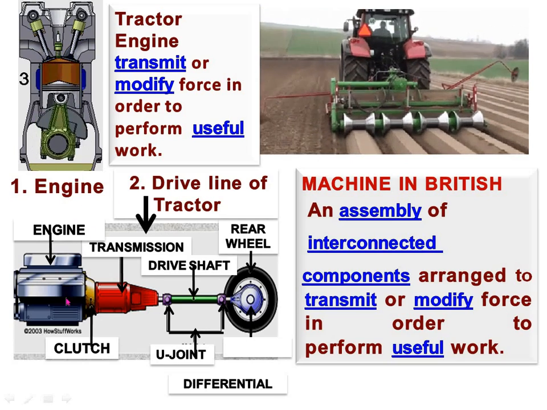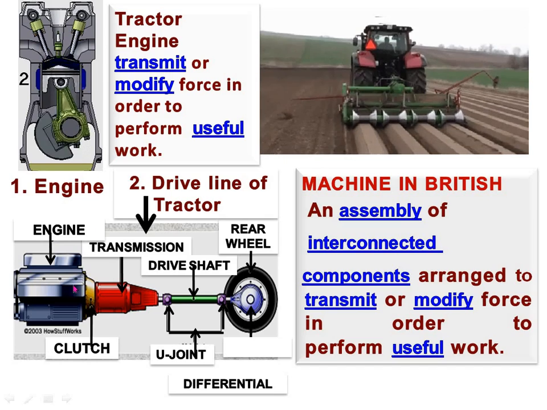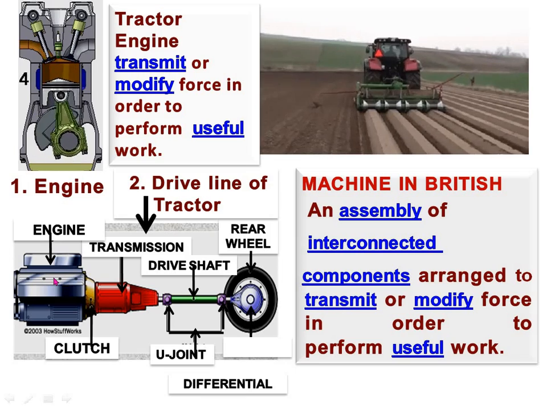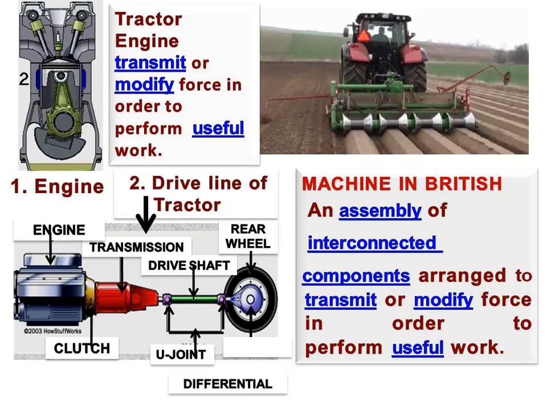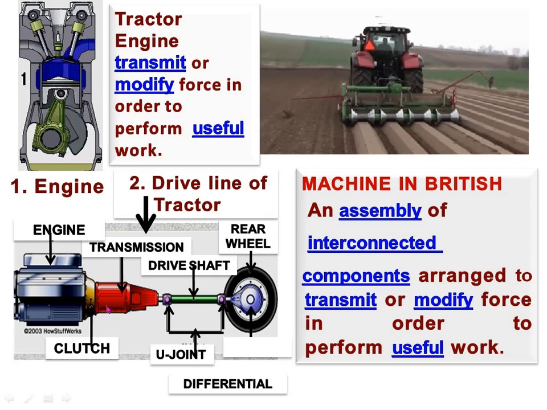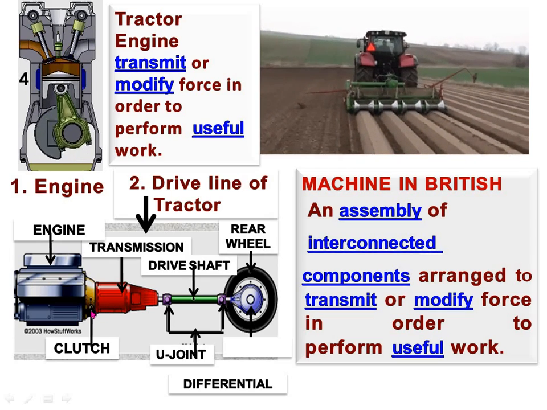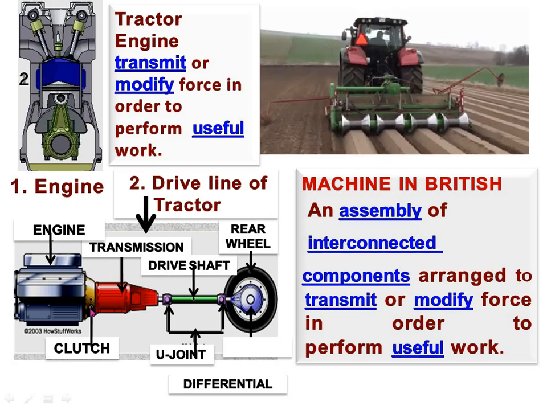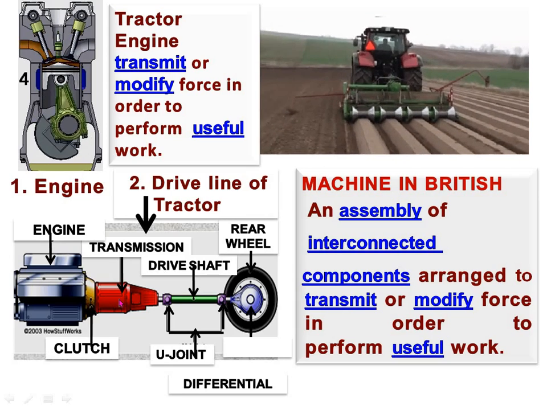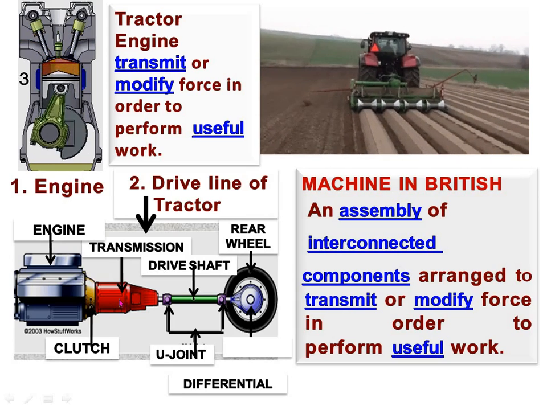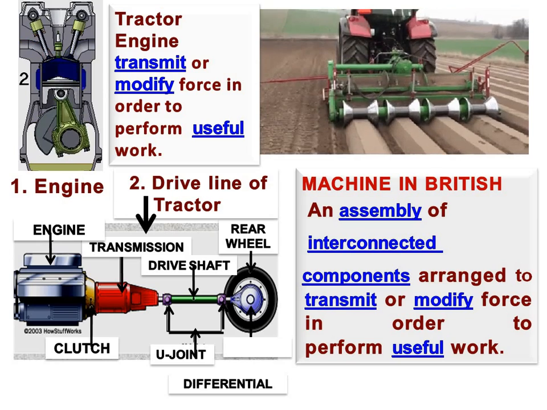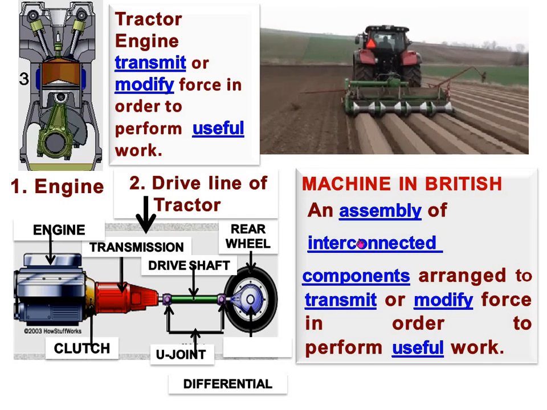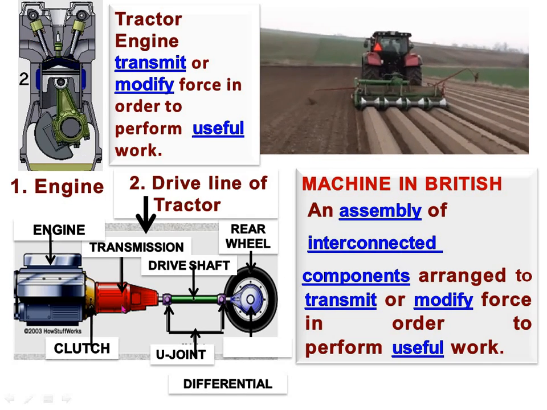So simply, if we see in a synchronized way, this is the engine of the tractor. Whatever energy or power produced by the engine can be transmitted further by engaging the clutch with the engine. If the clutch is engaged, then it goes to the transmission system, and first it goes to the gearbox. Here various types of gear are available: first, second, third, fourth, reverse. Through the gearbox we can decrease or increase the speed.